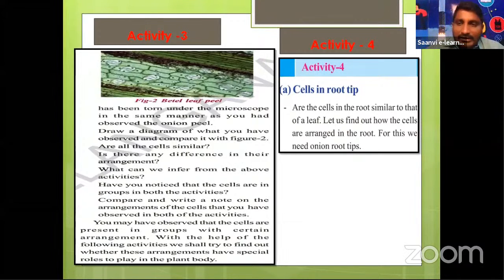Left side one activity, right side one activity, and write the difference between them. Compare and write a note on the arrangements of the cells that you have observed in activity 2 and activity 3, like cells in onion peel and beetle leaf peel.